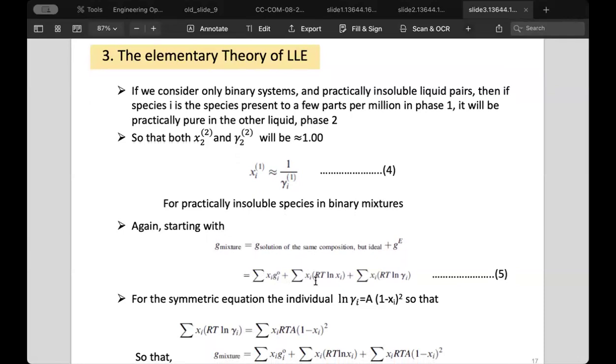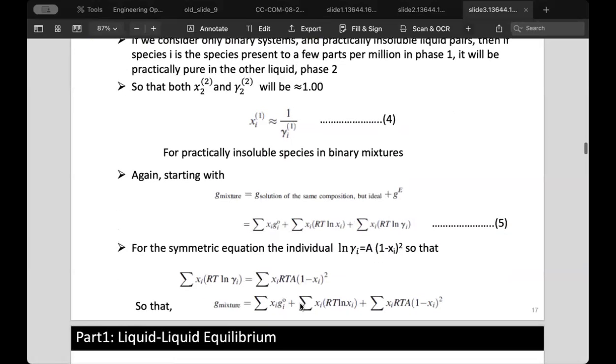So if we know the activity coefficient model, we can replace this ln gamma_i with our activity coefficient model. It depends on which model you have. But for this one we replace it with this model: ln gamma_i equals A times (1 minus x_i) squared.